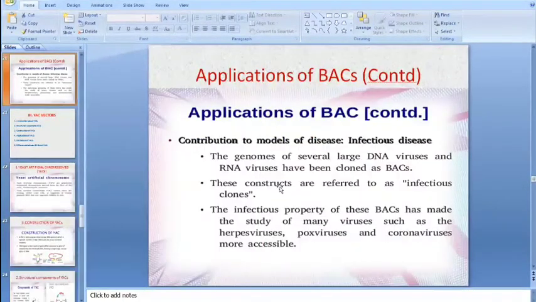And as I already told, there are many advantages. One important advantage is that they can insert larger DNA molecules into these BAC vectors.